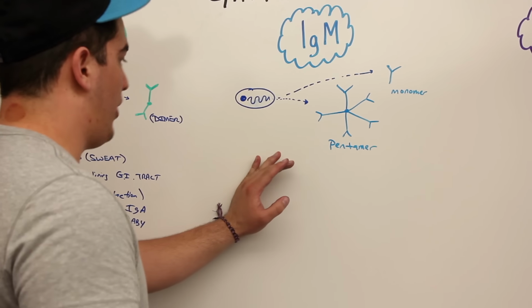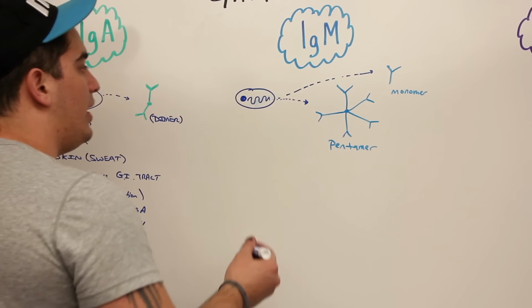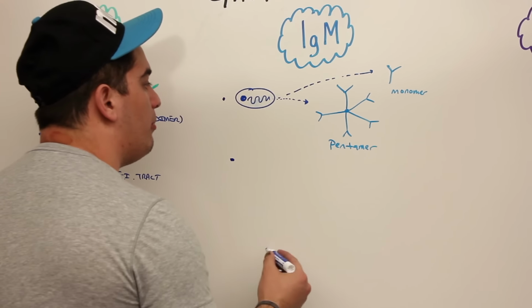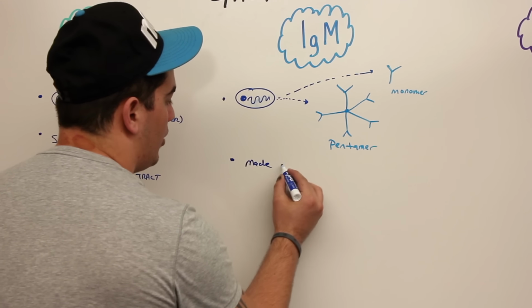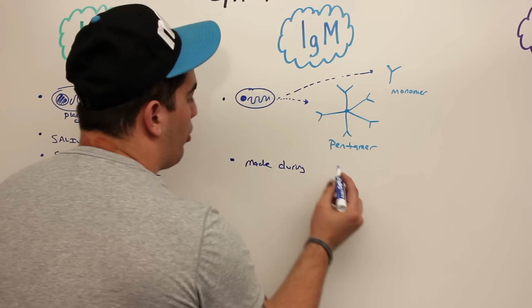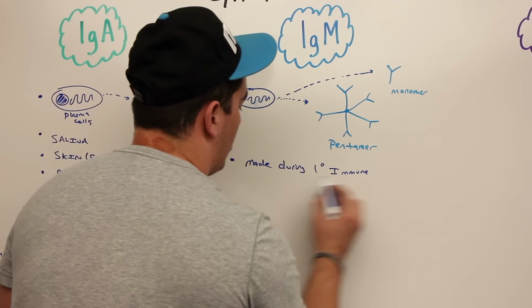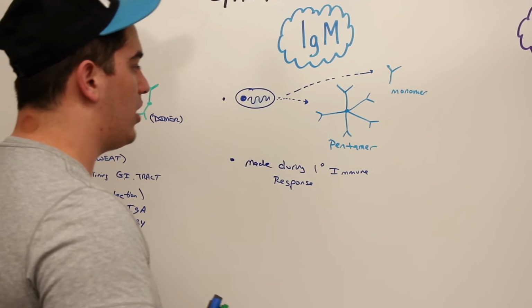IgM antibodies are very, very important, right? They're secreted by plasma cells, and they're pretty abundant too. Now, what do these do? These are the ones that are secreted within your primary immune response. So this is the one that's made during your primary immune response. All right, so this is important. Why? Because this could be a good diagnostic tool.